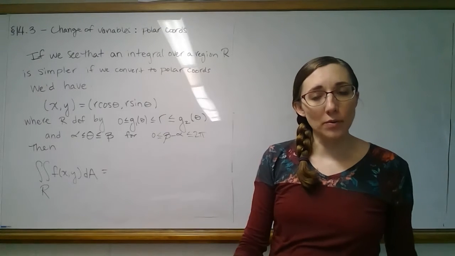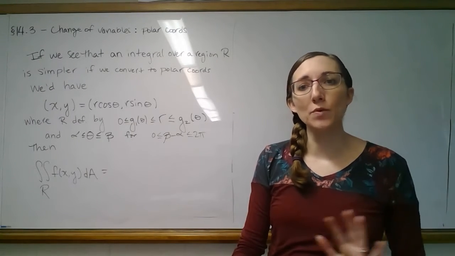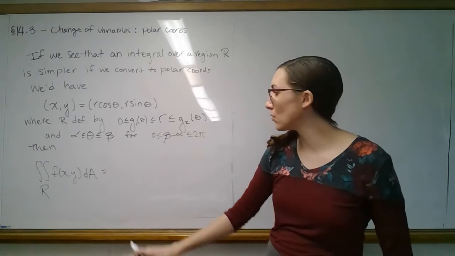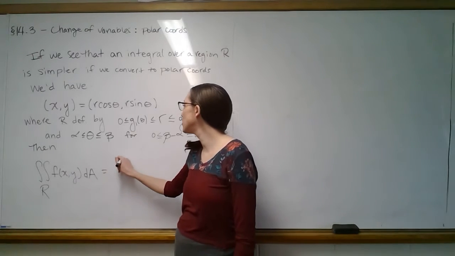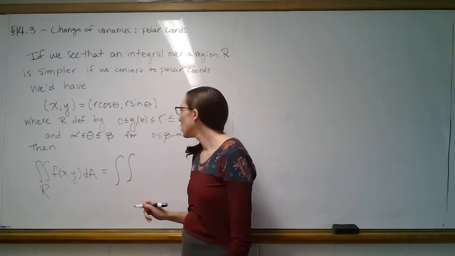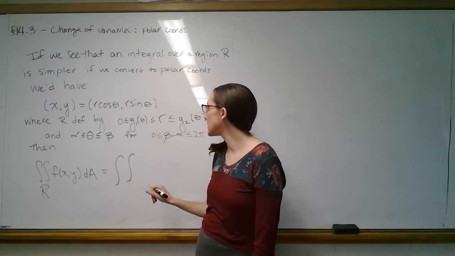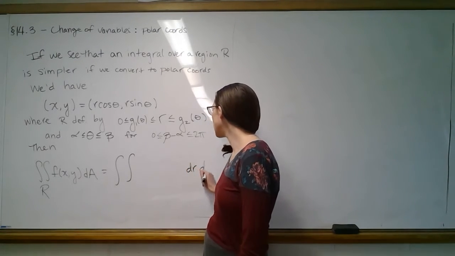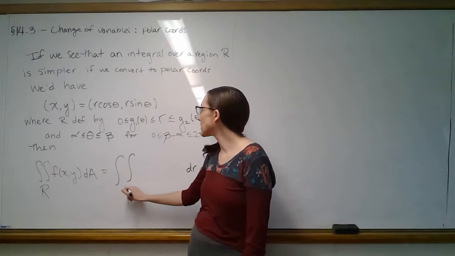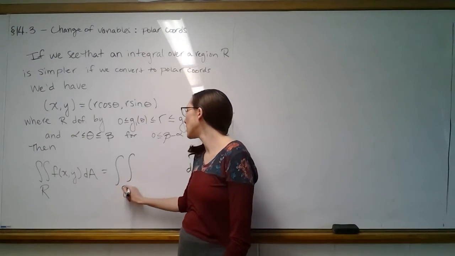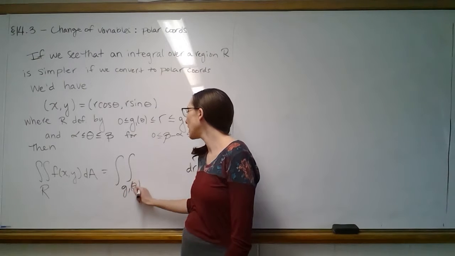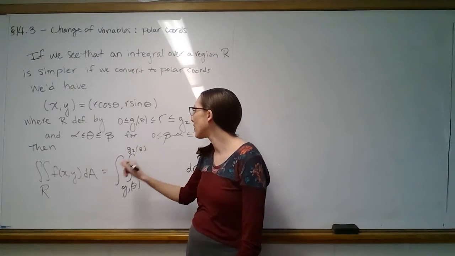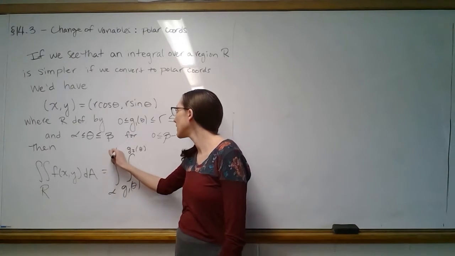In that instance, we're basically just going to convert our things over. When I convert the region over, instead we're going to do a dr d theta, where r goes from g1 of theta to g2 of theta, and then theta goes from alpha to beta.